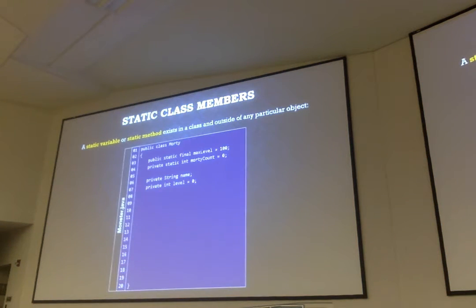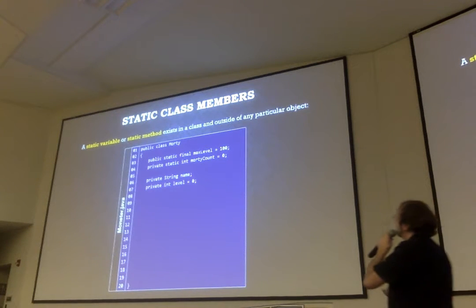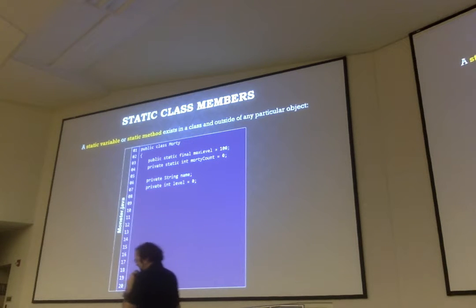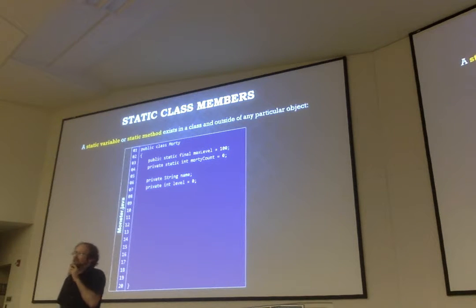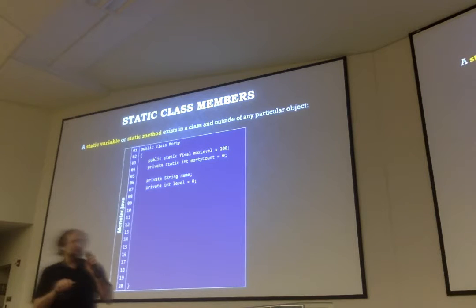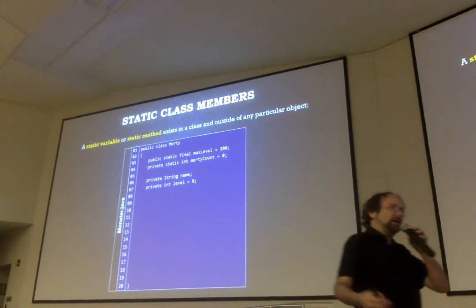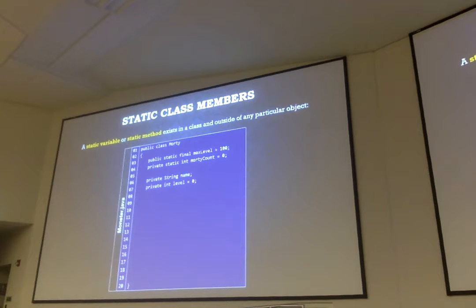Okay, so I might have a private static integer Morty count that starts at 0. This is going to keep track of how many Mortys I have. The reason it's important for a count to be outside of any object is because we're counting how many objects there are of a type, right? It doesn't really make sense for that value to be stored in the object itself because it would be multiple copies. And then of course we're going to have a name and a level for each Morty.